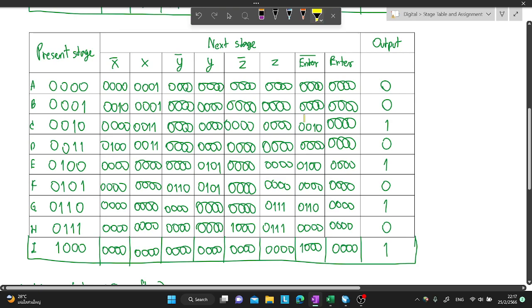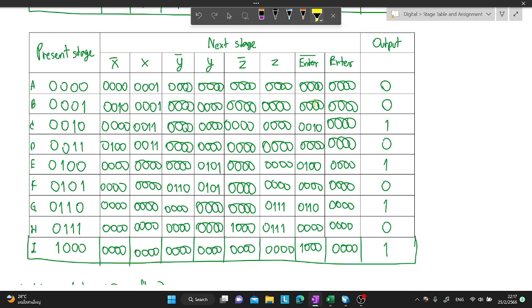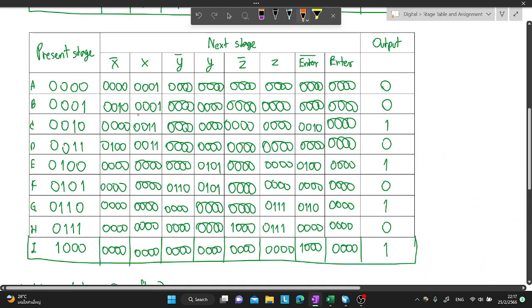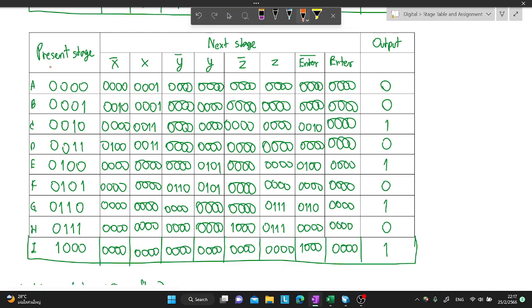You all see it's just numbers, but it's very useful when I design the combinational circuit. So how do I know Q0, Q1, Q2, and Q3? You can see that from left to right is Q3, Q2, Q1, and Q0.